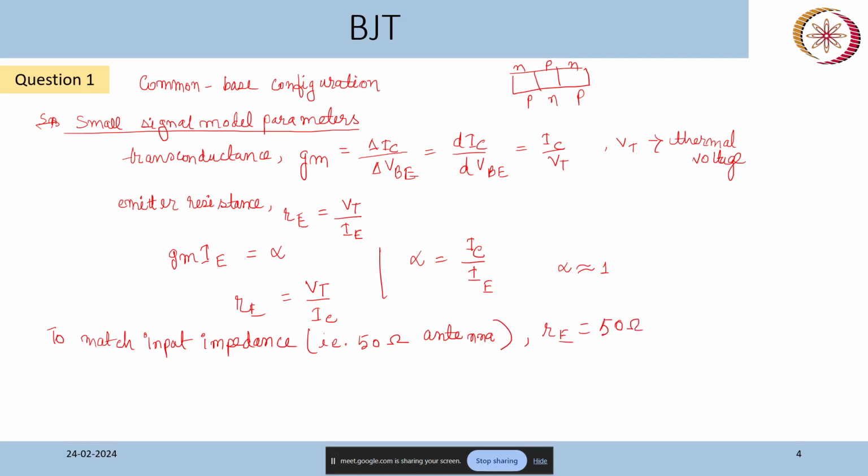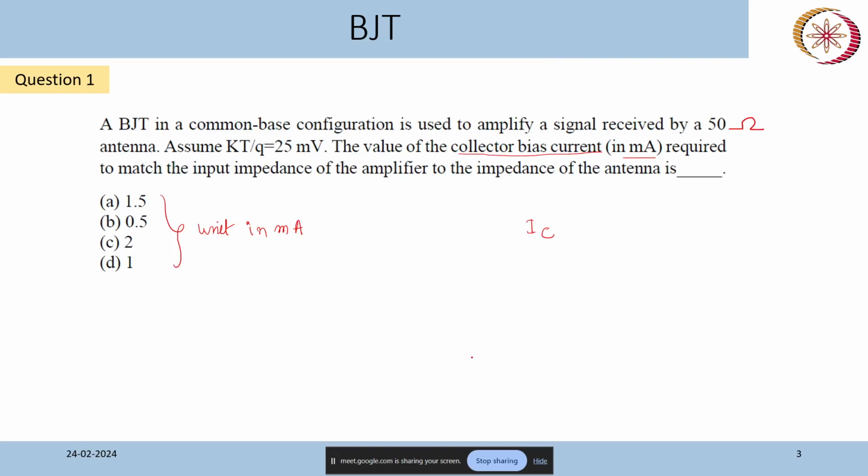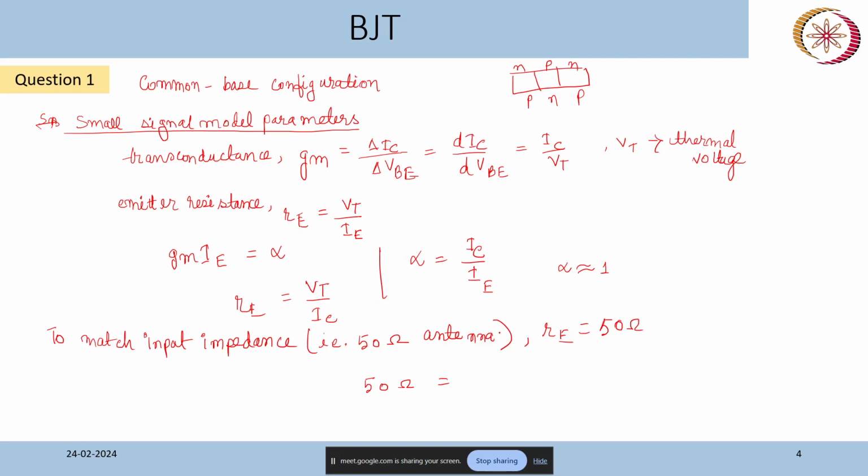This comes from the small signal model of BJT. Okay, so 50 ohm is equal to Vt, which is given as 25 millivolt, that is the thermal voltage, so 25 millivolt by IC. Let's not write it as 25 into 10 to the power minus 3 because we want IC in milliampere.